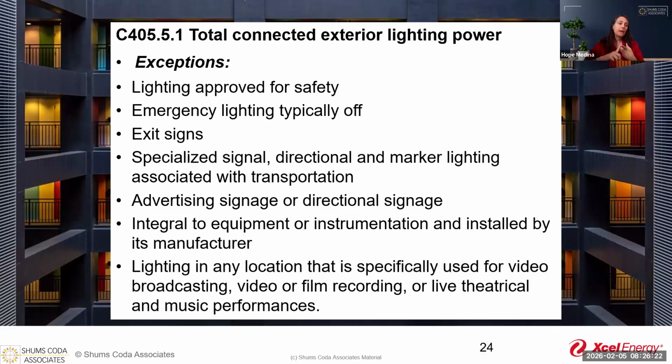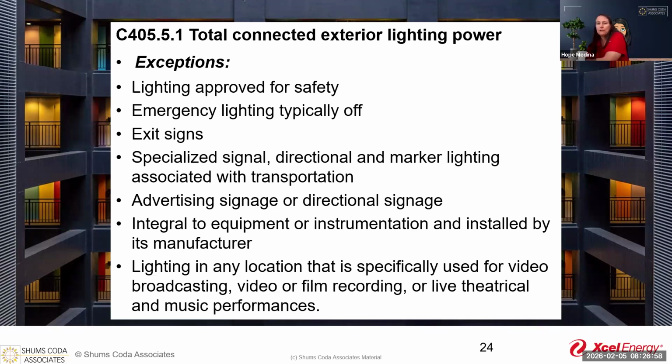I have seen reports, COMcheck reports, that have included exit signs in there, and we don't need to have those. Anything that's dealing with directional markers, advertising signage, anything that's integral to equipment, right? Sometimes there's some exterior lighting that's included in it that's installed by the manufacturer when that piece of equipment was being put together, right? That doesn't need to be included.